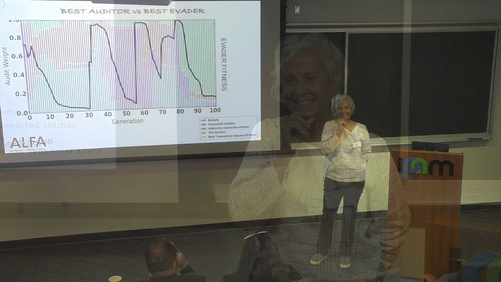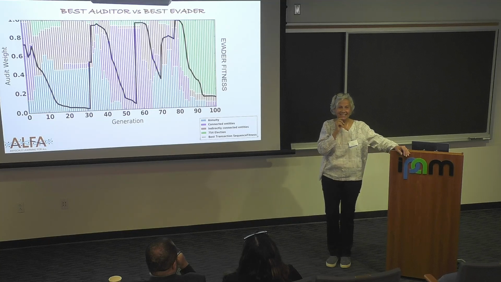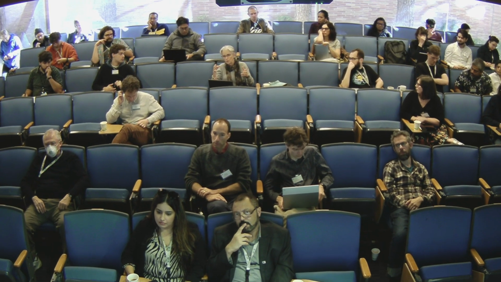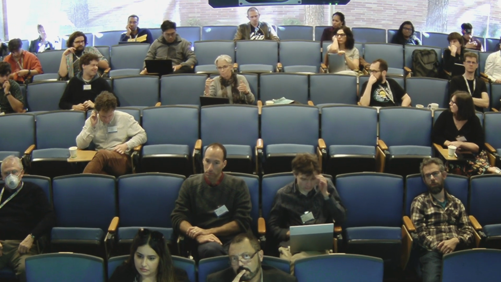I've got a couple questions. On this all versus all thing, are your populations like 5? Oh, no, they're like 50. It doesn't take long to run. Presumably, the fitness for the evader is predicated on the best of the auditors, right?